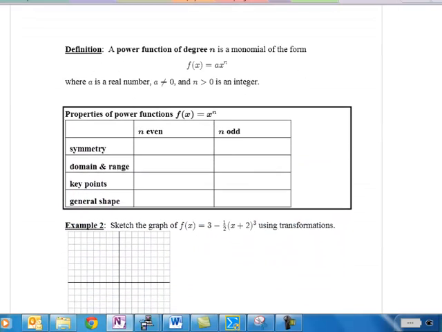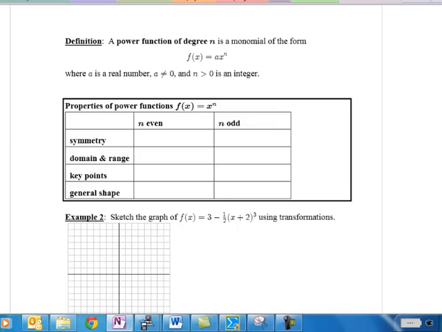Okay, so the next definition we need is called a power function of degree n. A power function of degree n, it says, is a monomial, so a single term. Polynomials can have multiple terms, but a monomial is a single term, a function of the form a times x to the n, where n is a positive integer and a is not 0.